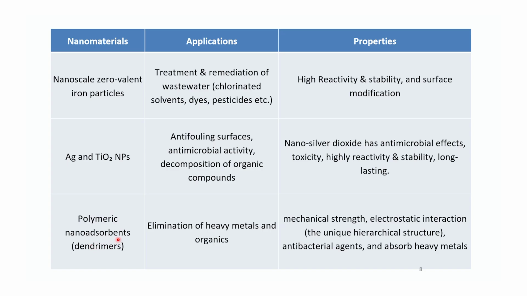All these structures, if you remember, I've already told you in the classification part of nanoparticles. These result in the elimination of heavy metals and organics, and properties include high mechanical strength, electrostatic interaction, and a unique hierarchical structure. These are highly antibacterial and they also absorb heavy metals.